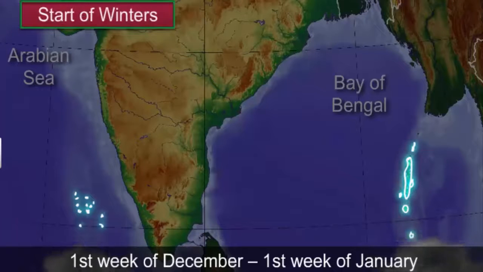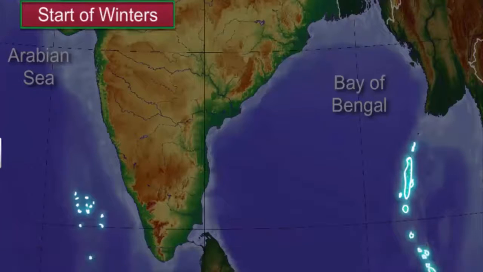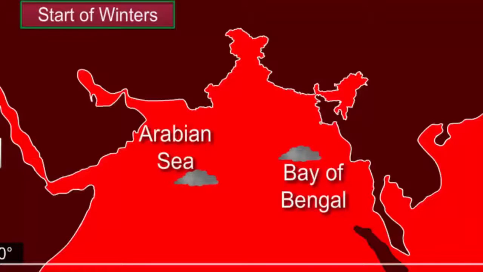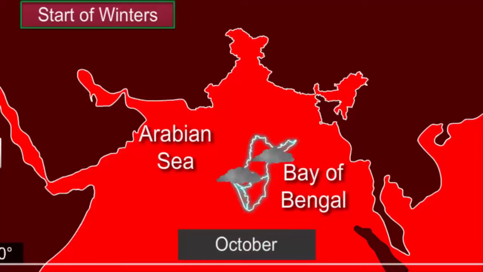The retreating monsoon winds move over the Arabian Sea and the Bay of Bengal and collect moisture on the way. These monsoon winds reach the southern states of India by October and are responsible for a second round of rainfall.